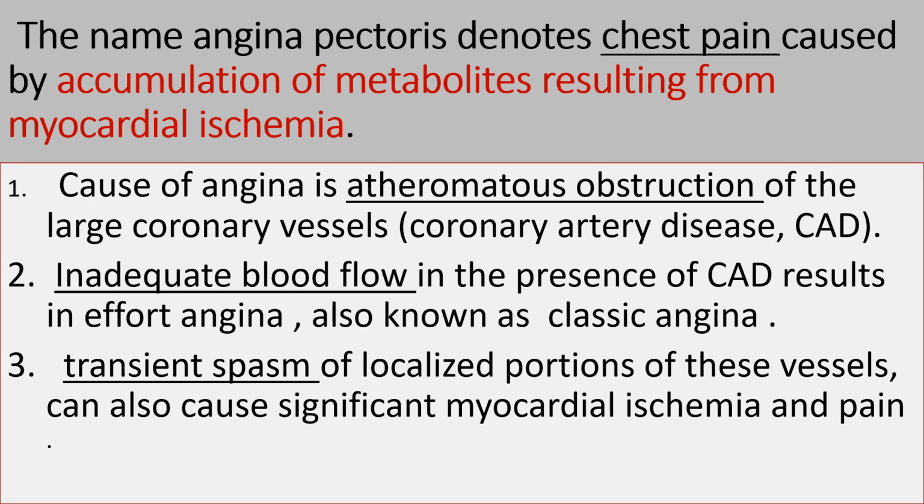Now, the other reason is inadequate blood flow in the presence of coronary artery disease, which results in effort angina, also known as classic angina, as we all know. Another condition is transient spasm of a localized portion of these vessels, and this can also cause myocardial ischemia and pain.